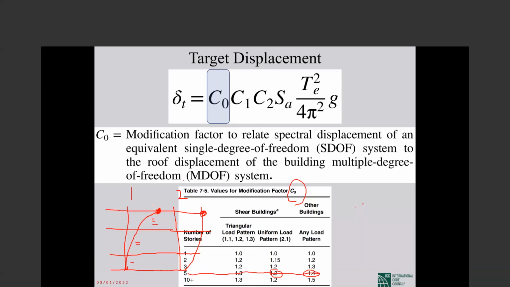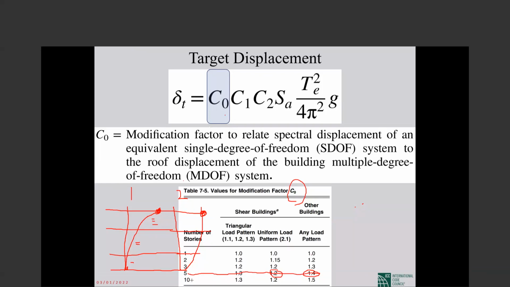Because it's elastic and linear, it is pure structural dynamics, and this kind of table is just to make it easier for professionals not to go through the formulation. So it shouldn't be a big deal really, the coefficient C0, when we have this kind of table.